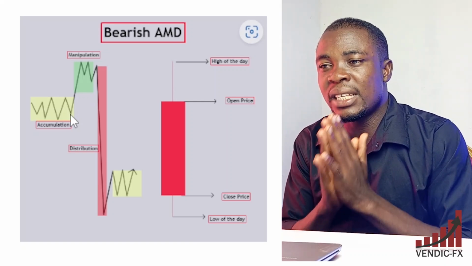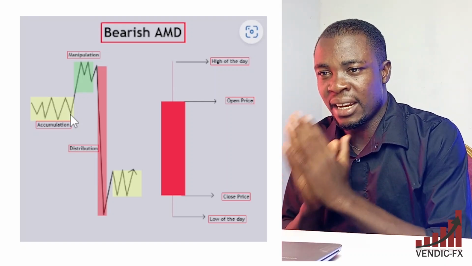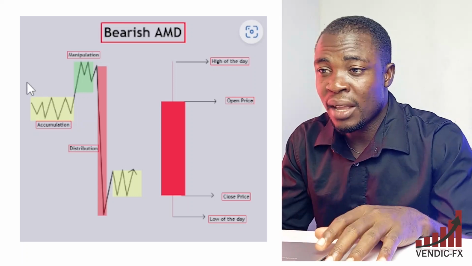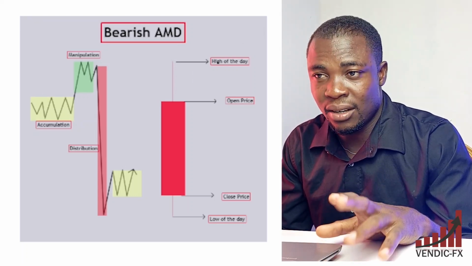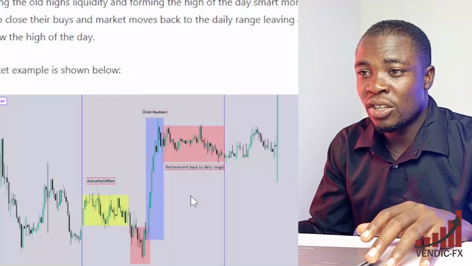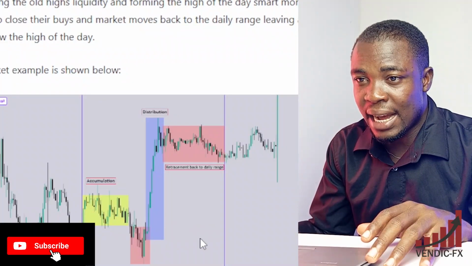This happens every day in the market if you are using the daily candle, and this is a typical example of a bearish AMD. These are the little things you need to put into consideration when you are looking at ICT Power of Three. It's very good. So this is an example on the chart.